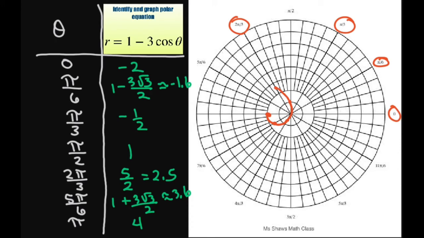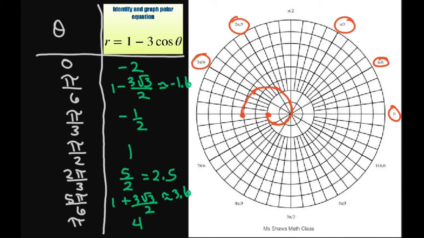And at 5 pi divided by 6, we're at 3.6. So that's going to be 1, 2, 3, close to 4. So swinging around up some more. And at pi, we're at 4. So 1, 2, 3, 4. All right. So there's half of it.